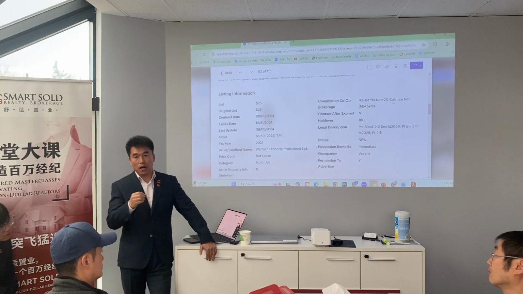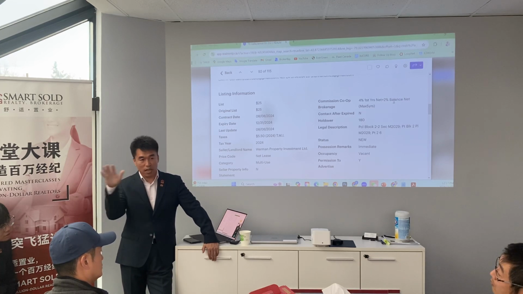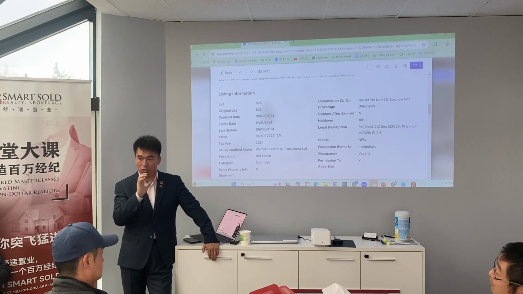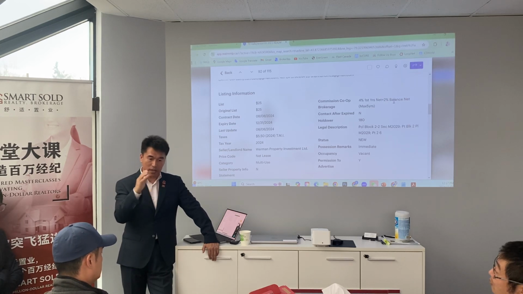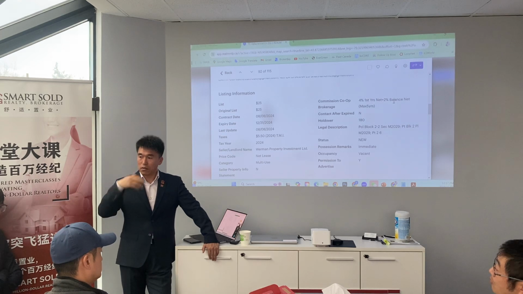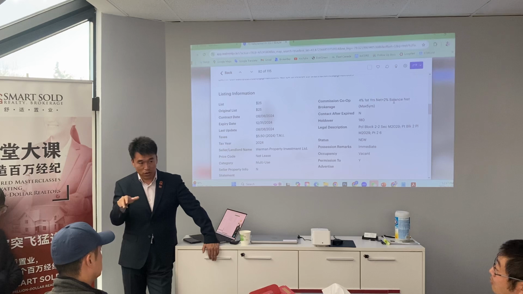On the lease agreement regarding TMI, again, there is a standard clause. The lawyer is going to explain to you, but normally the standard clause says the TMI is based on the expense that the landlord paid for either the previous year or the current year.